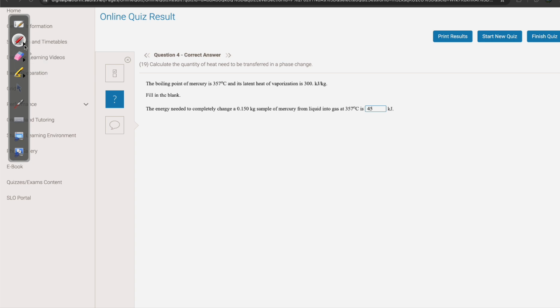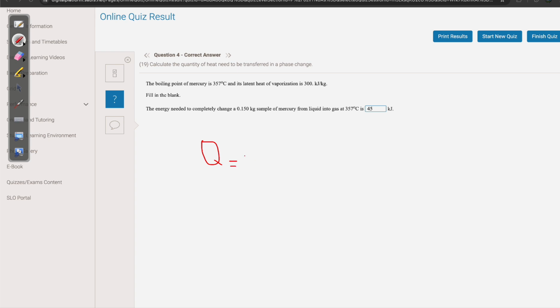When they're asking about boiling or a change in state, the energy is always going to be equal to only a change in state, because in the previous question they gave us a change in state and a change in temperature, but here we're only speaking about a change in state, right?